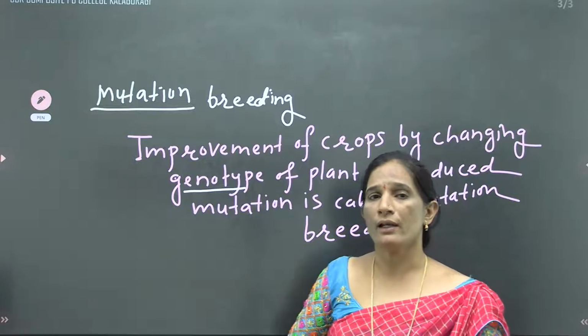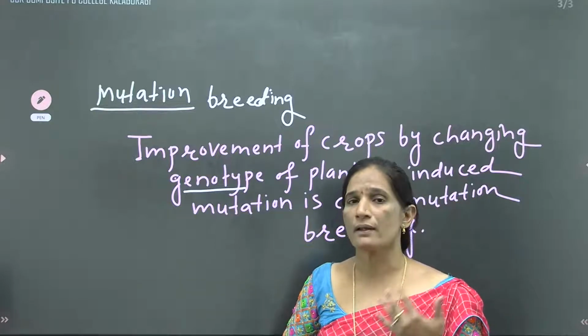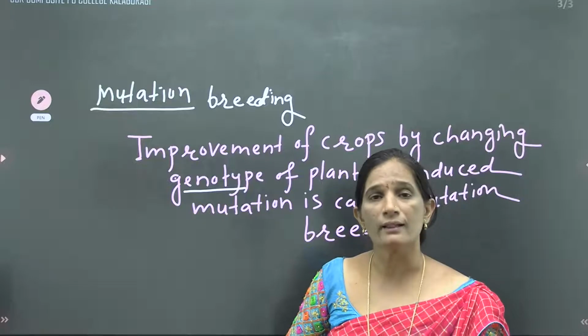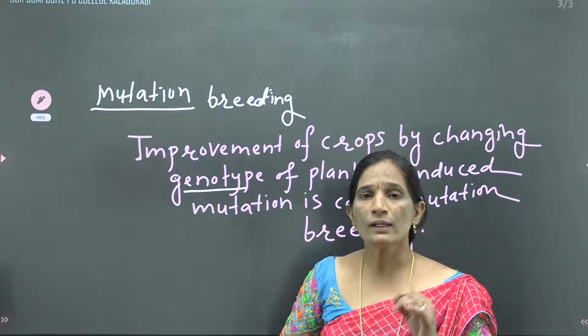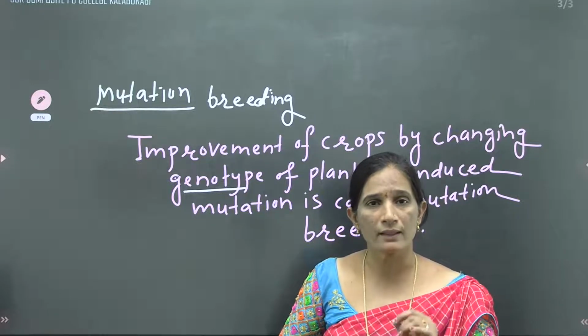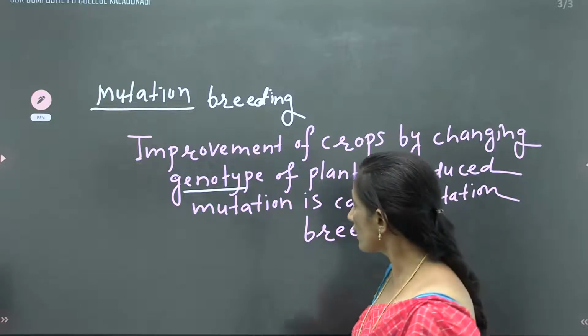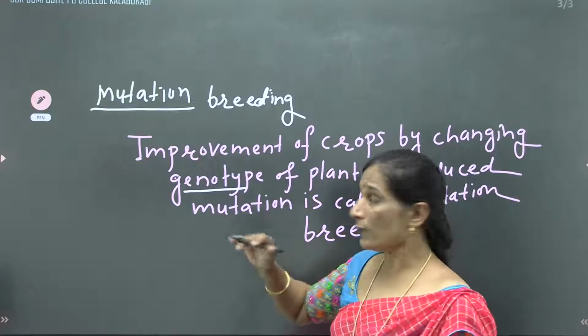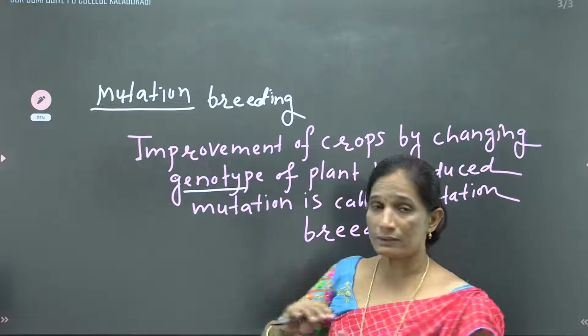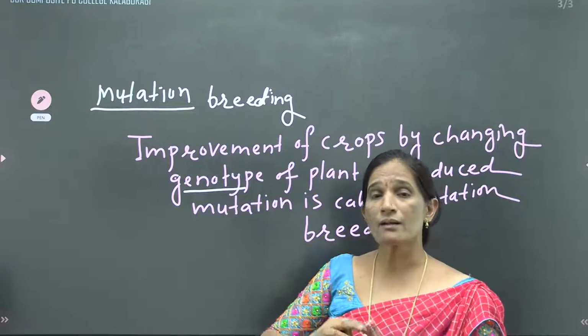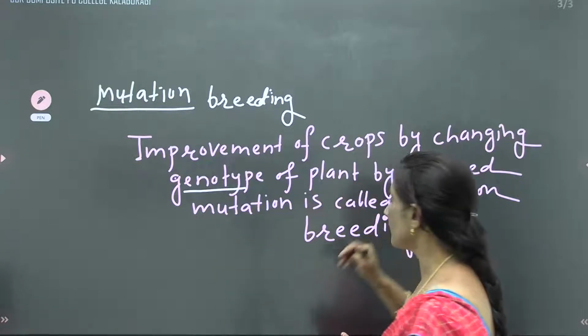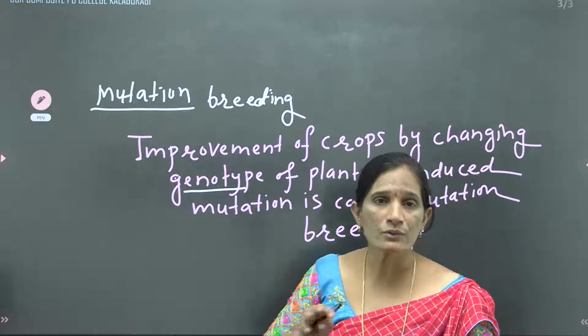You know very well the genetic material present in most organisms is DNA. So here they want improvement of a crop plant by changing the genetic constitution of the plant by induced mutation.